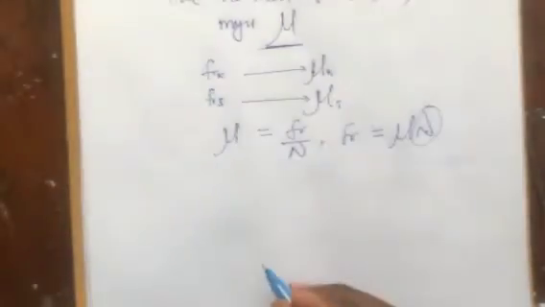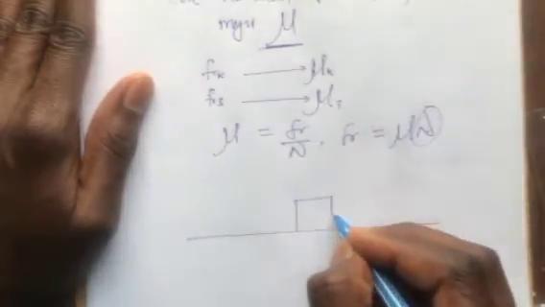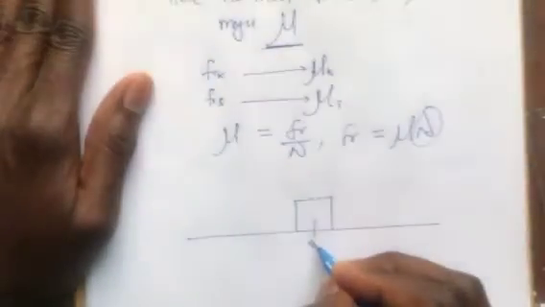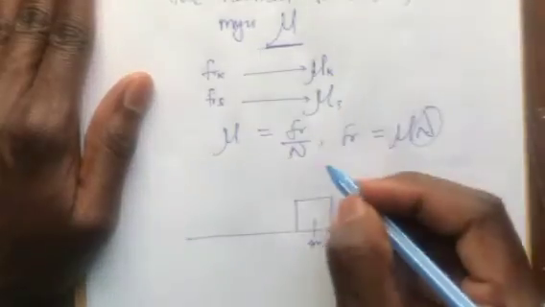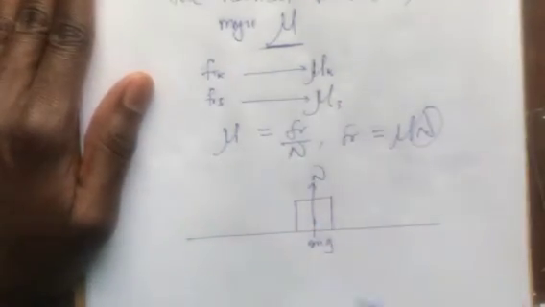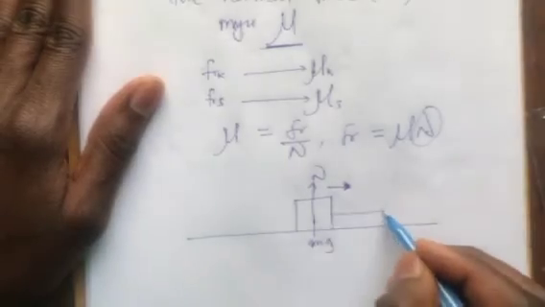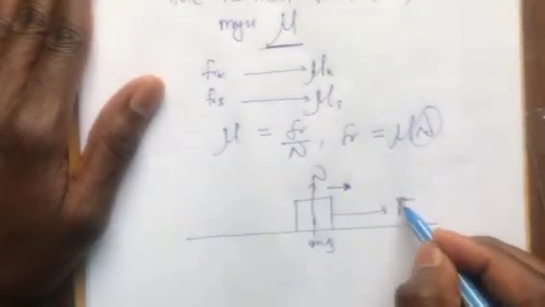What you should always understand is this. The normal force must be perpendicular to the surface on which the object has been placed. Meaning that on a horizontal surface like this one, this is my weight force, which is mg, and this one is my normal force N. Even if this object is moving like this, meaning there is acceleration, the forward force is going to be the applied force.